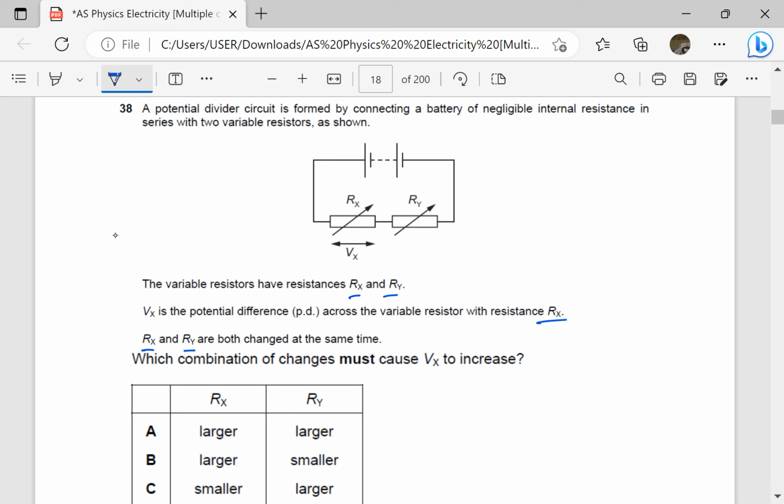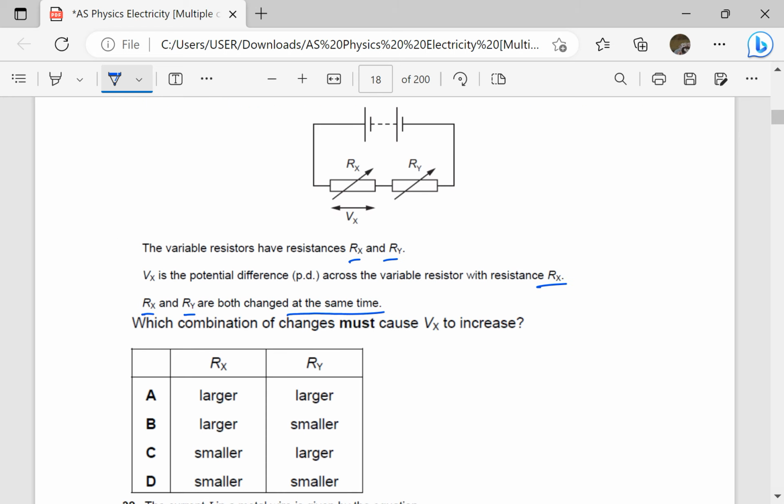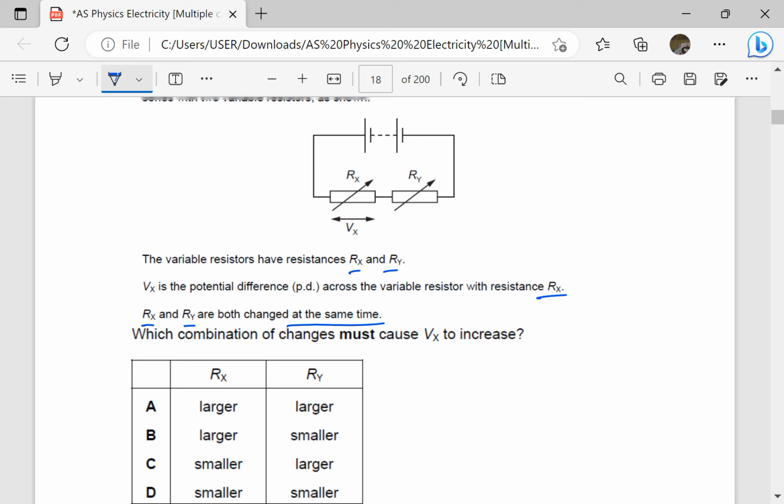Rx and Ry are both changed at the same time. Which combination of changes must cause Vx to increase? For Vx to increase, Rx must increase and Ry must decrease.